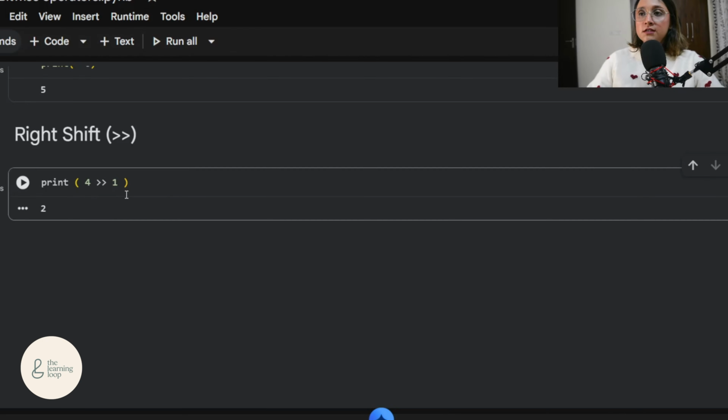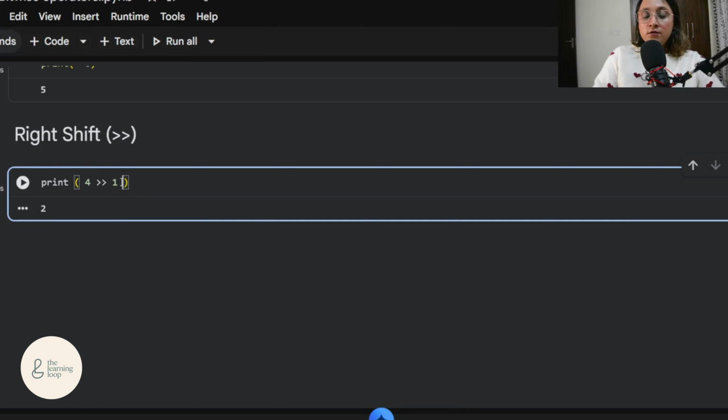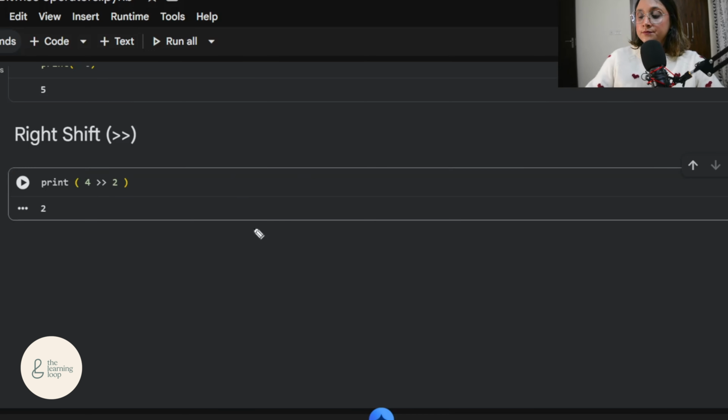In the same way, let's say I move 4 by 2 bits, which means I say 4 right shift 2, which means I want to move it 2 bits. So how would that work? 4 is represented as 0 1 0 0.